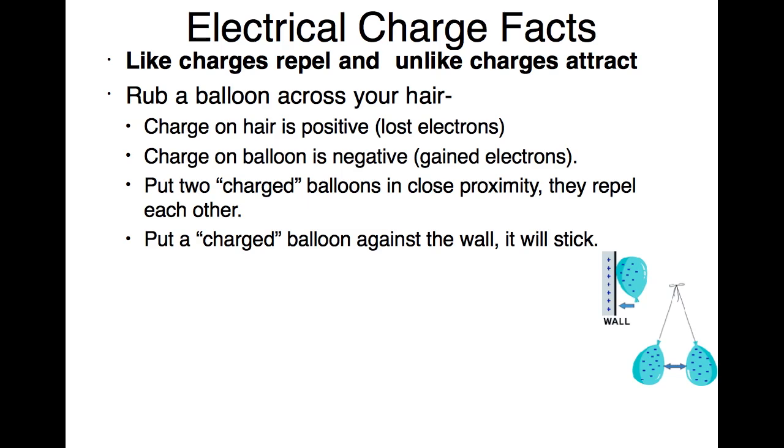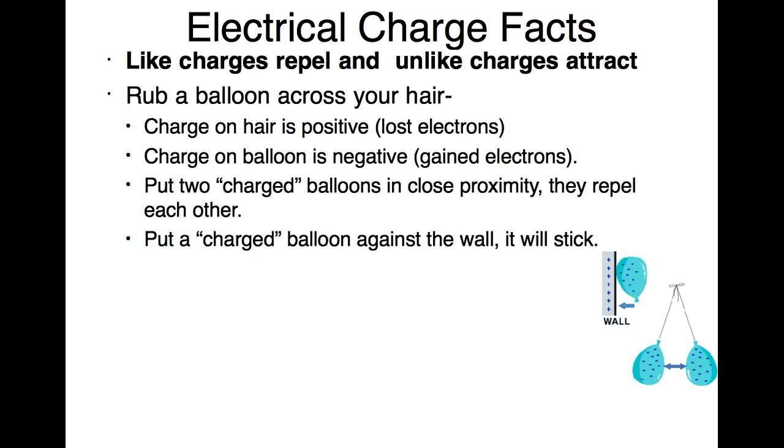So when you rub your balloon on your hair, your hair will become positive. It will lose those electrons to the balloon itself. The balloon will get negatively charged. It will gain those electrons from your hair.